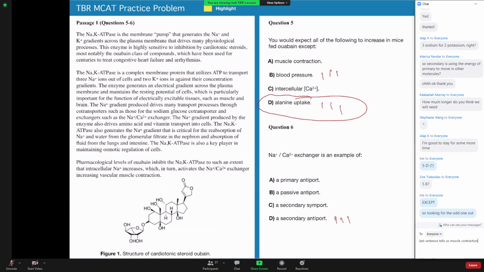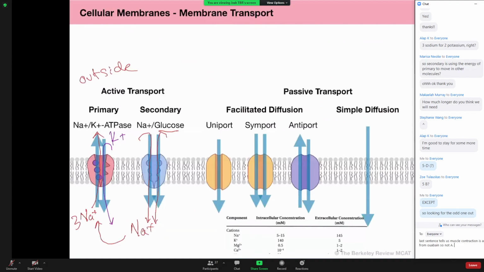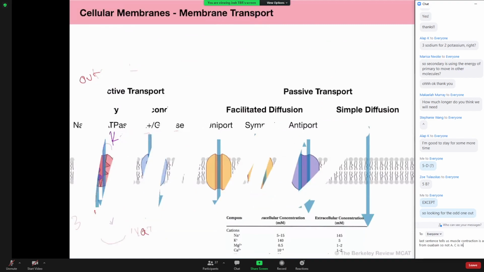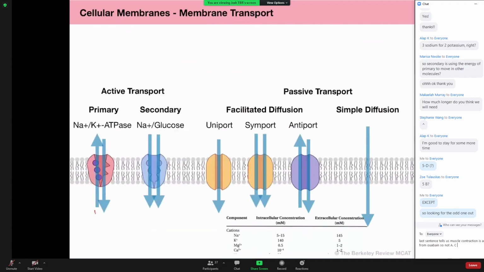So ouabain is this steroid that inhibits this enzyme that we were just talking about, Na/K ATPase. If it's inhibiting that enzyme, and we go back one to here, it means that sodium is not able to leave the cell.